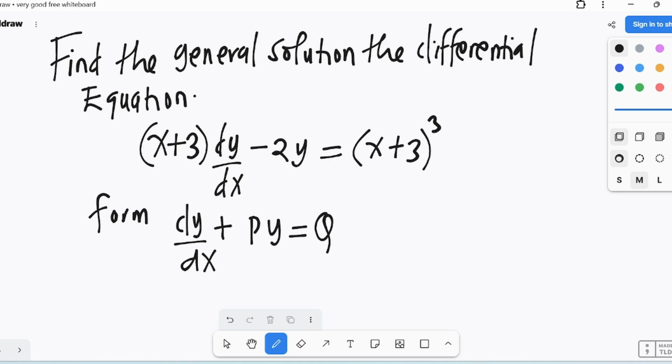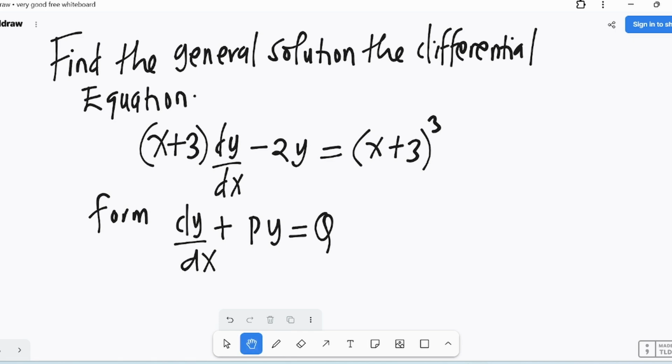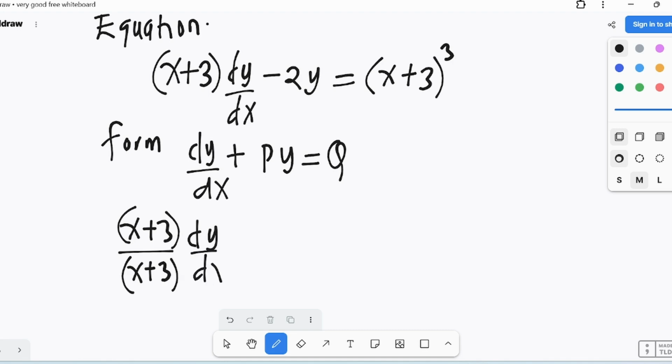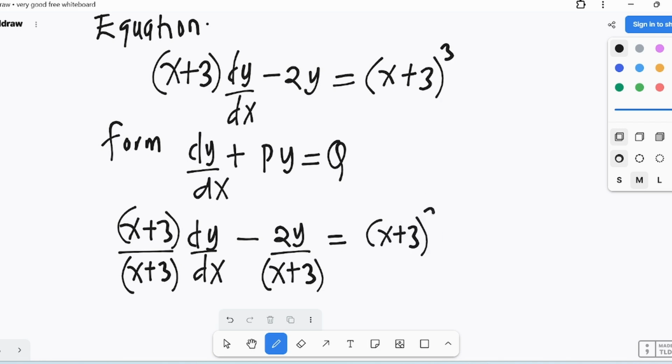So how? We begin by dividing throughout by x + 3. So we shall have (x + 3) out of (x + 3) dy/dx minus 2y out of (x + 3) is equal to (x + 3)^3 out of (x + 3).